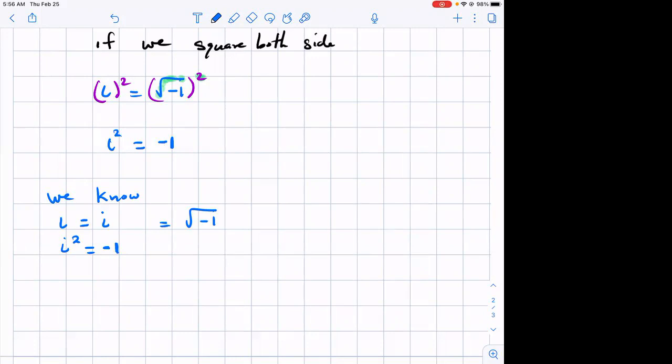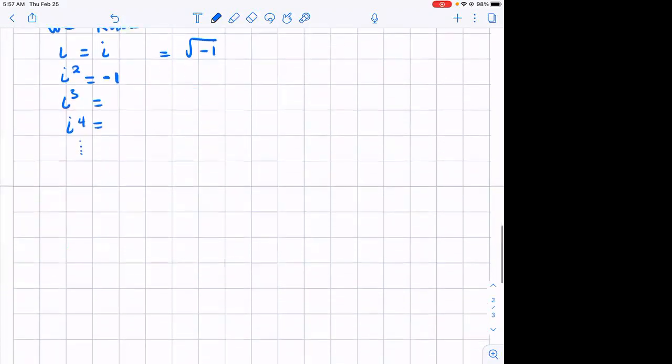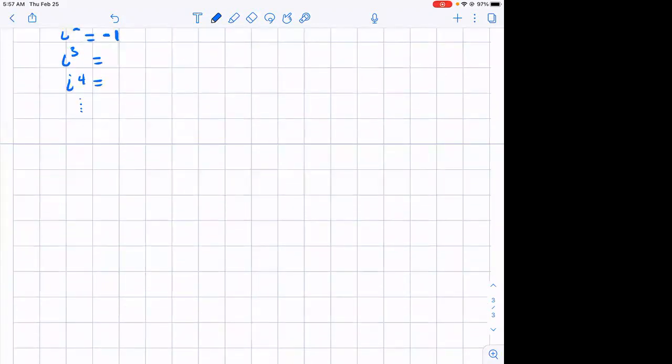And we can continue doing this and we can find what is i cubed, what is i to the 4th, and this can go on and on and on. So there are little techniques in how you simplify these things. So let's look at that. Well, i squared will always help you.